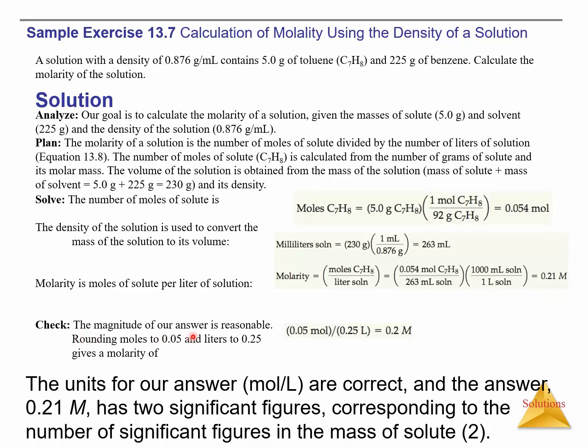Now check the magnitude of our answer is reasonable. Rounding moles of 0.05 and liters to 0.25 gives a molarity of this amount. Now, the units for our answer are correct, moles per liter, and the answer 0.21 molar has two significant figures corresponding to the number of significant figures in the mass of solute, which is this 5.0.